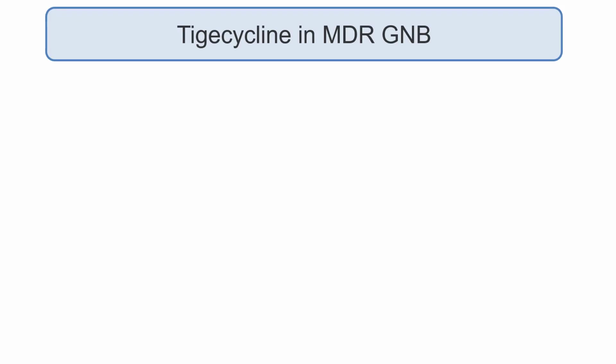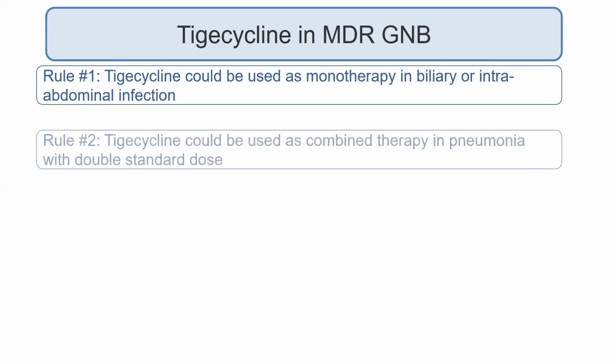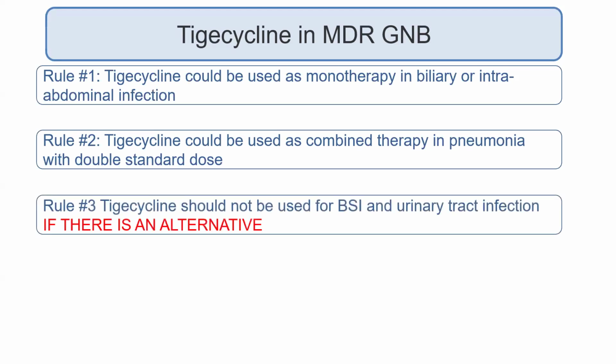And there are some notes about the use of tigecycline in general in multi-drug resistant gram-negative bacteria. Rule number one is that tigecycline could be used as a monotherapy in biliary or intra-abdominal infection. Rule number two, tigecycline could be used as combined therapy in pneumonia with double the standard dose.